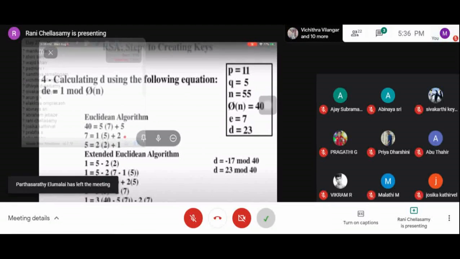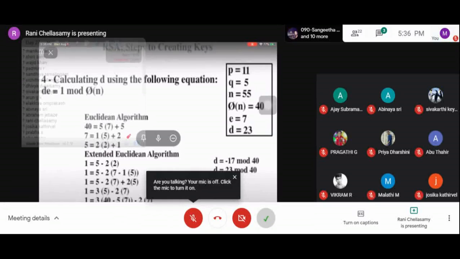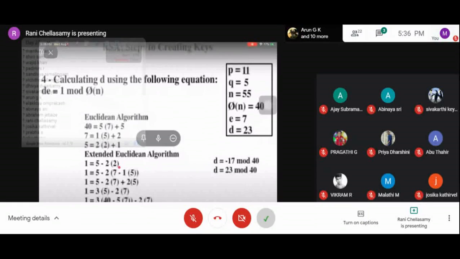From the second step, you can get the value of 2 as 7 minus 1 into 5 equals 2. Substitute that value here. Instead of this 2, you substitute 7 minus 1 of 5. Now go on with 1 equals 5 minus 2 into (7 minus 5).